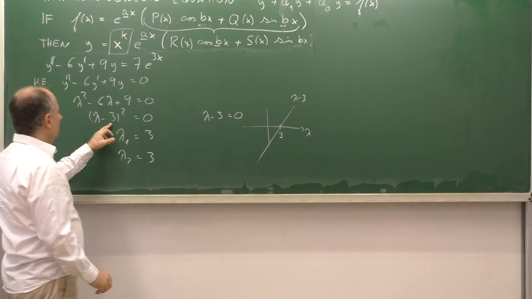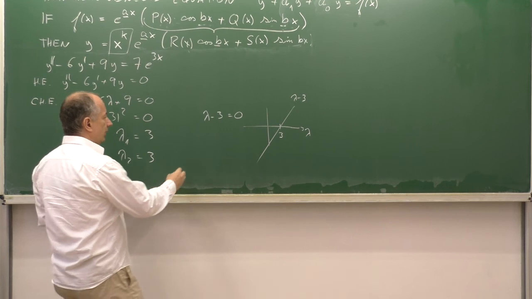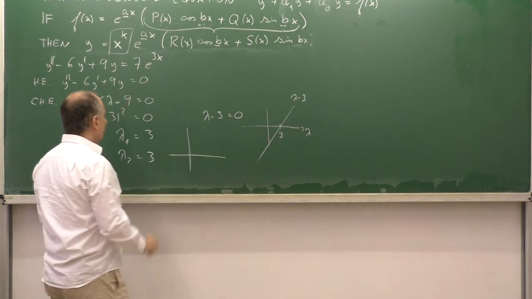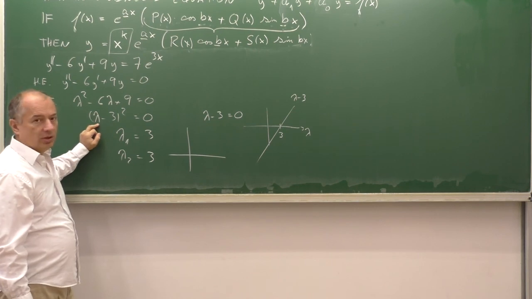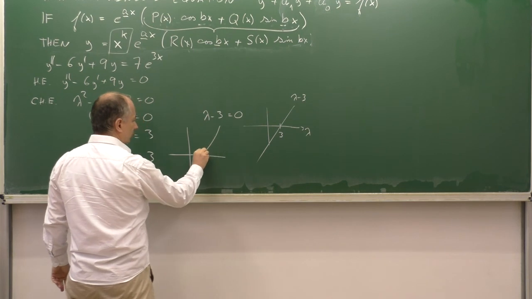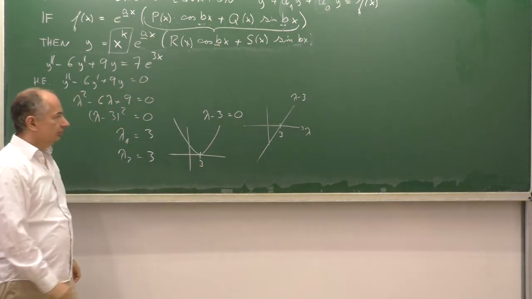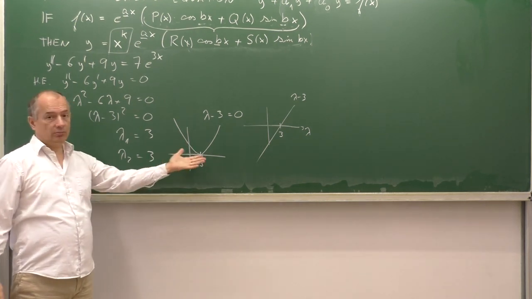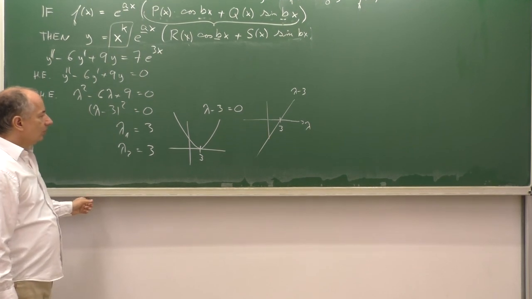While the function (lambda minus 3) squared is a quadratic function. So the graph is not a straight line, the graph is a parabola having the minimum at the point 3. So you see two completely different pictures, right?